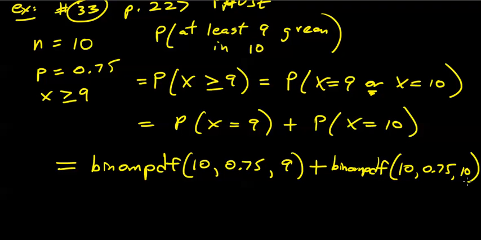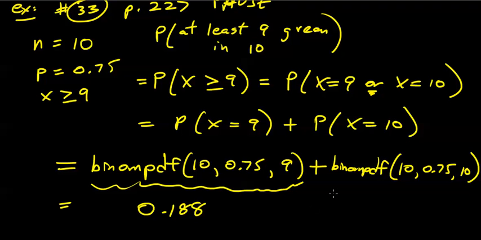See if I can get all on screen here. Alright, if I punch this out on my calculator, this first term turns into a 0.188, and then I punch it in again using the 10 case, and I get 0.056.